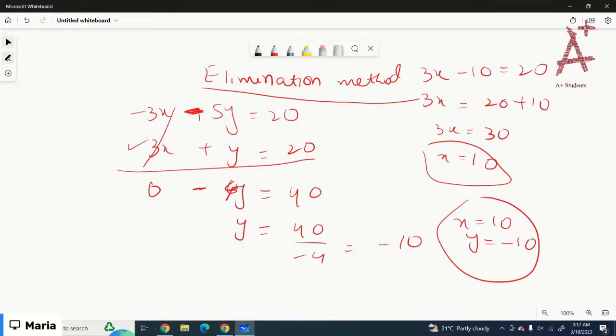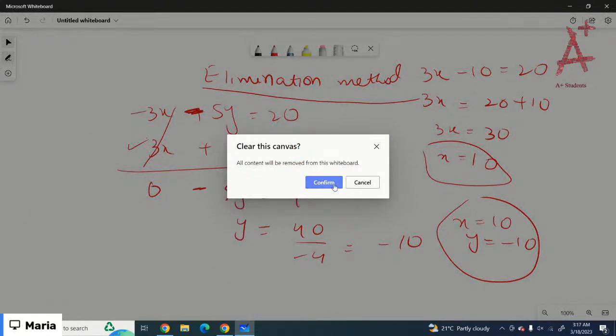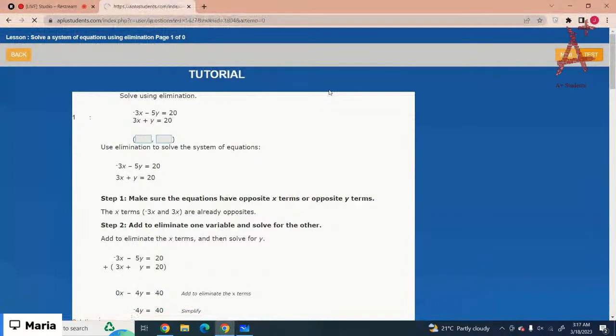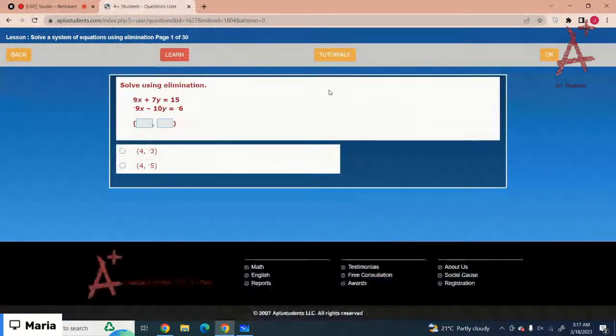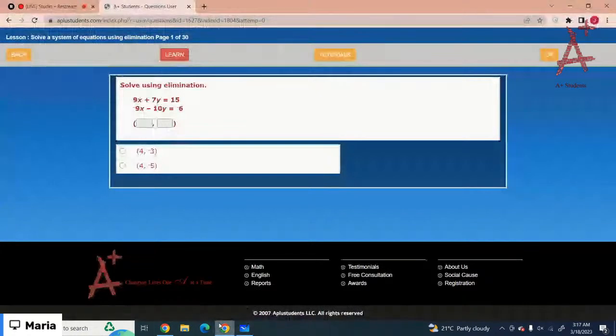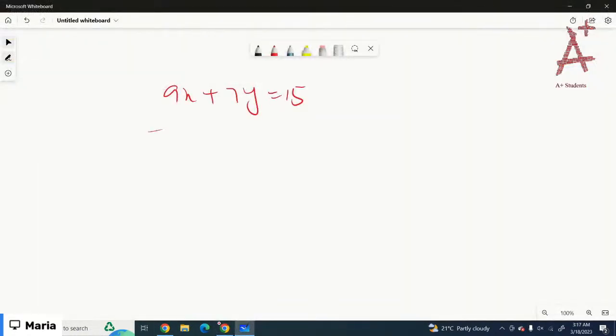Got it? Let's just start with the test questions so that we can do the practice questions. Okay, so the equations are 9x plus 7y equals 15 and negative 9x minus 10y equals negative 6.